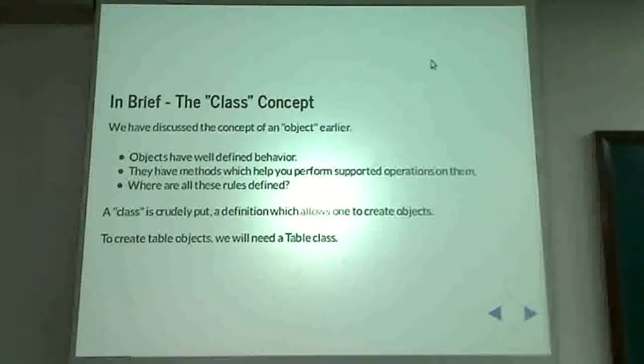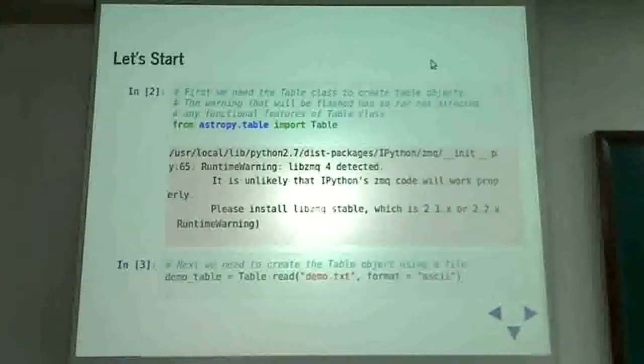What we want to do now is take the tables in the form of files and load them as special table objects in Python. So first we need a class which can create those objects or define the behavior of table objects. So that's why the first step in any program that uses AstroPy's table module is to have this statement.